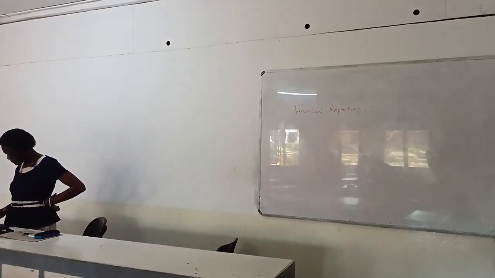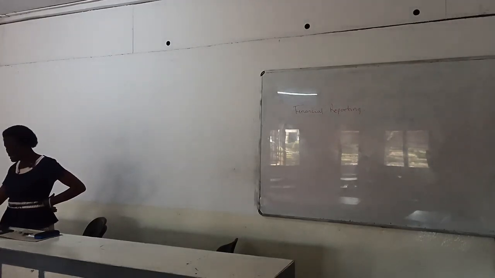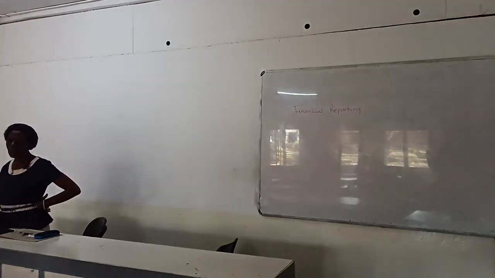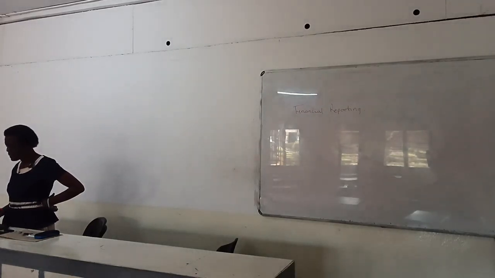What did we learn last week? Organization of information in financial statements. Okay. Not even the articulation of flow of information in financial statements. We didn't go to the income statement. We did. Okay. Where did we stop last time?